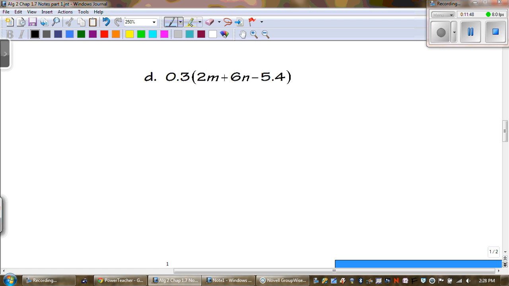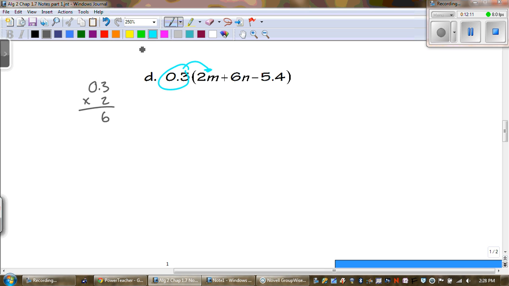I wanted to make sure that we went over a problem with decimals. I know it's your favorite. Okay, so when you distribute, same thing, just off to the side, you have 0.3 times 2. Well, you get 6, okay?